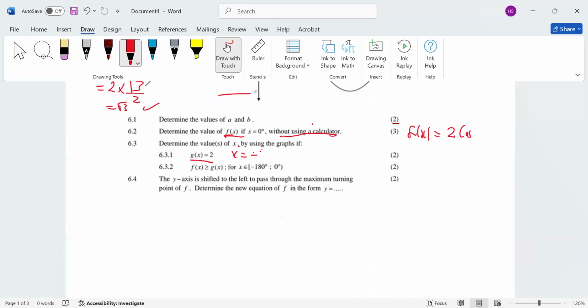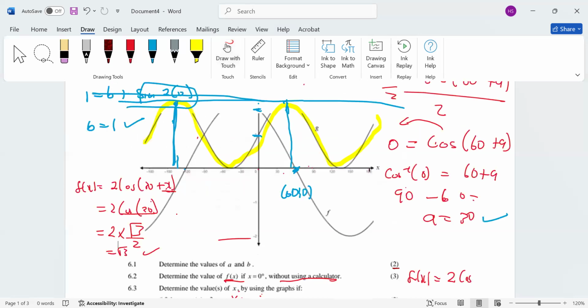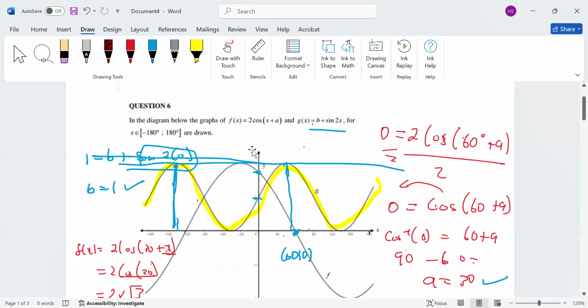I think we add 30. Check where the graph was supposed to turn here. We have 2 cos, so it's not the same. It's 1 plus sine of x plus 30, plus sine 2x.